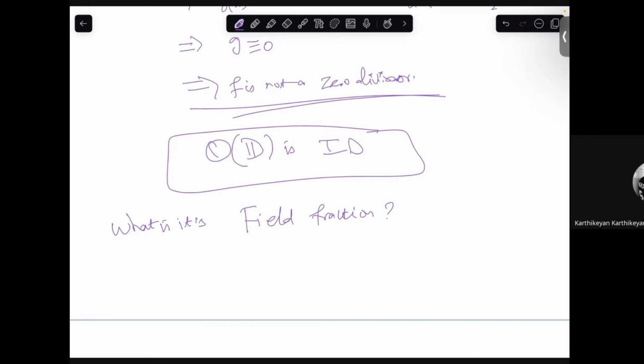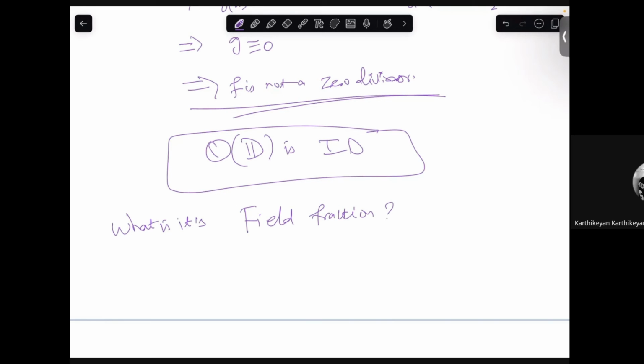I'm not talking about anything irrelevant to the exam, but I'm combining. This is not my original. What is original is the way of combining, the way of expressing. So I can ask this question: what is its field of fractions?